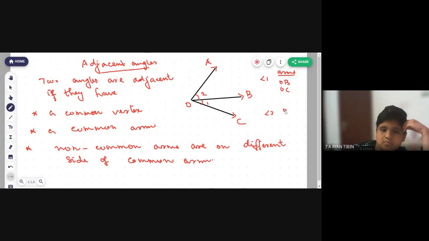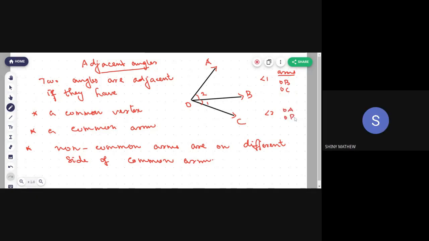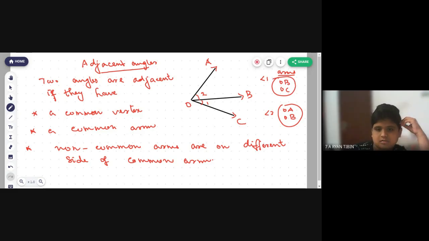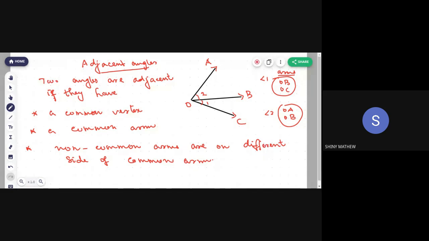OA and OB. Then you look these two sets. ഇവിടെ ഏതാ കോമൺ ആയിട്ട് വന്നിരിക്കുന്നത്? Miss, OB. So here you can mark. It is the common arm. രണ്ട് ആംഗിളിനും കൂടെ വന്നിട്ടുള്ള ആം ഏതാ? ദാറ്റ് ഈസ് കോമൺ ഫോർ ബോത്ത് ദ ആംഗിൾസ്. So OB is common. By looking itself, that is clear. If you have so doubt, you can write and check this way.